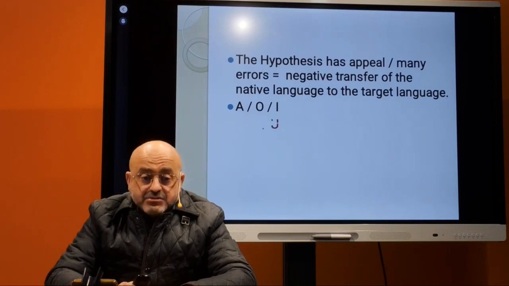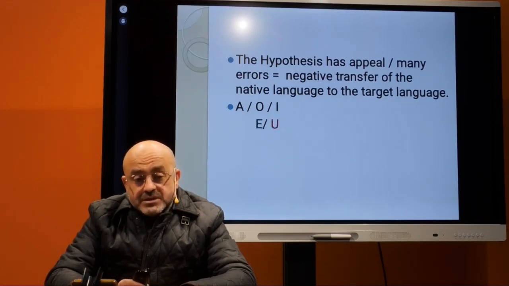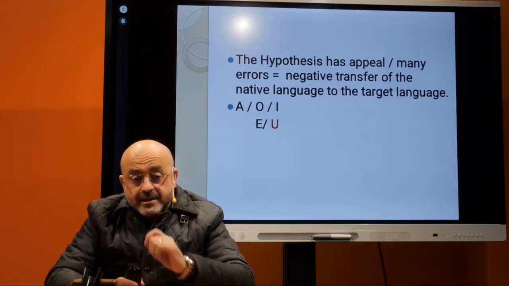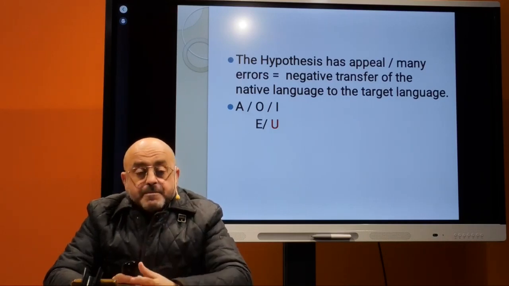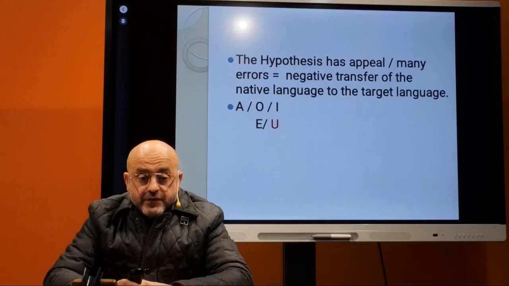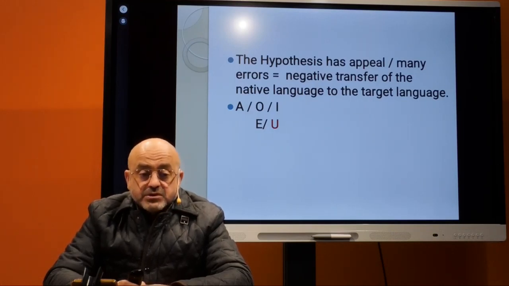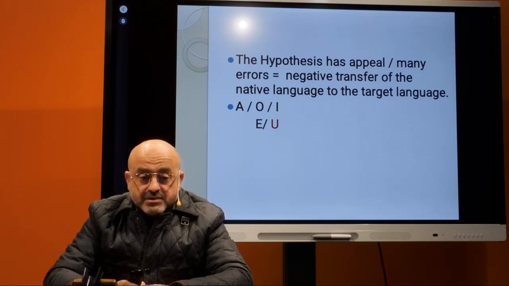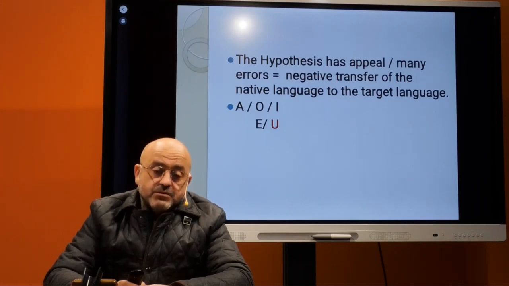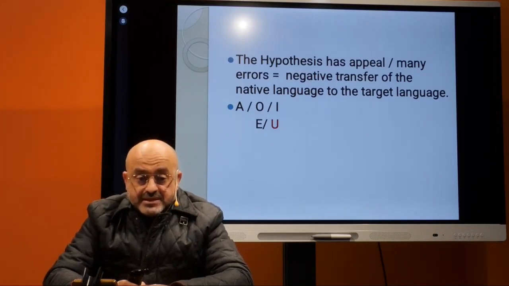Now, if we go back to the vowel system of Arabic, we have the three vowels A, O, E, and again, the Moroccan who is about to learn French will face vowels that he doesn't have in his phonemic inventory, namely E and U. So whenever the student, especially as a beginner, would like to pronounce E, he will tend to pronounce it as O. And whenever he would like to pronounce U, he will pronounce it as E. This is something which is done worldwide in all languages.